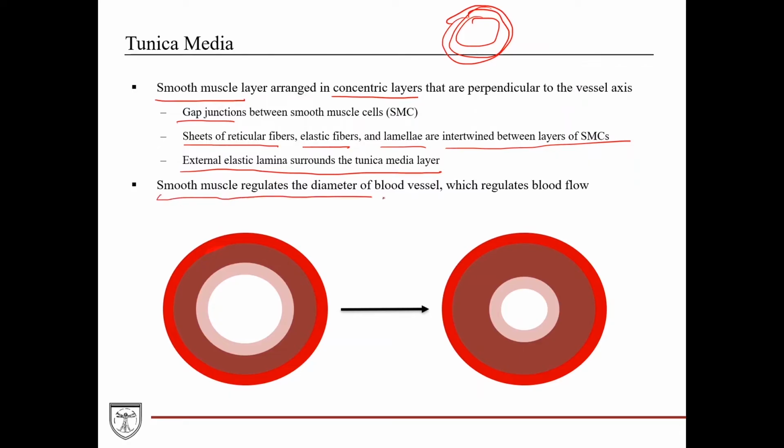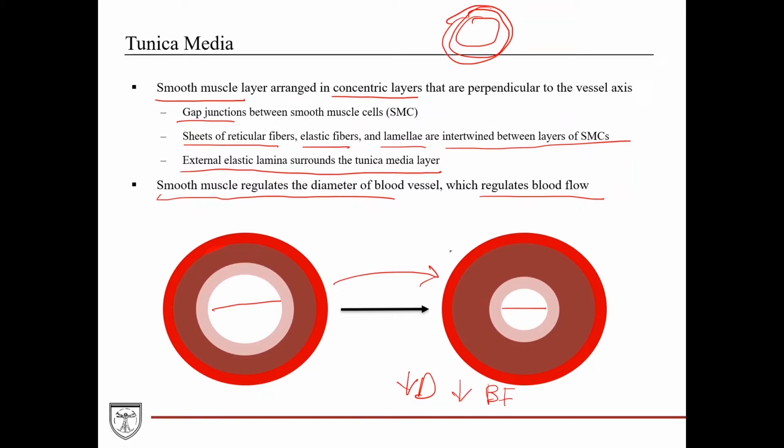Smooth muscle regulates the diameter of the blood vessel, which then regulates blood flow. So if you go from here to here, and you have contraction of the smooth muscle, as you can see in the lumen here, the diameter of the lumen narrows, and so you're going to limit blood flow. So as you have a decrease in diameter, you have a decrease in blood flow.